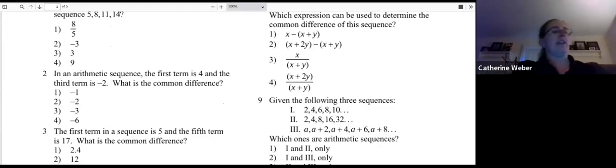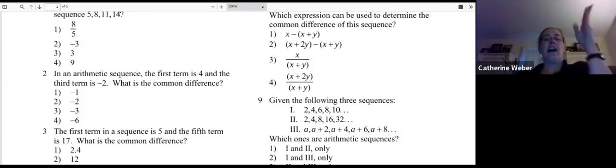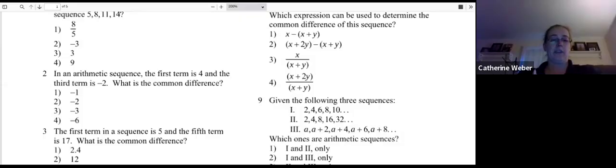For a question like this, I think the way you have to do it, if I remember correctly, would be to figure out how you're going from 4 to -2. You're going from a positive to a negative, so you're decreasing.